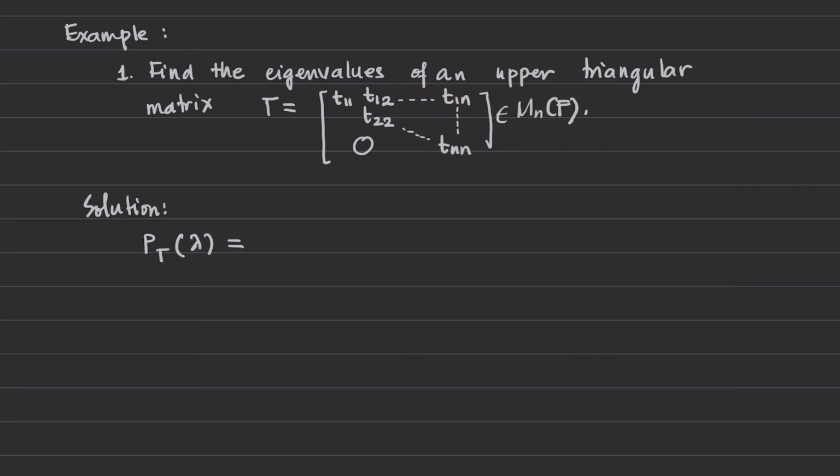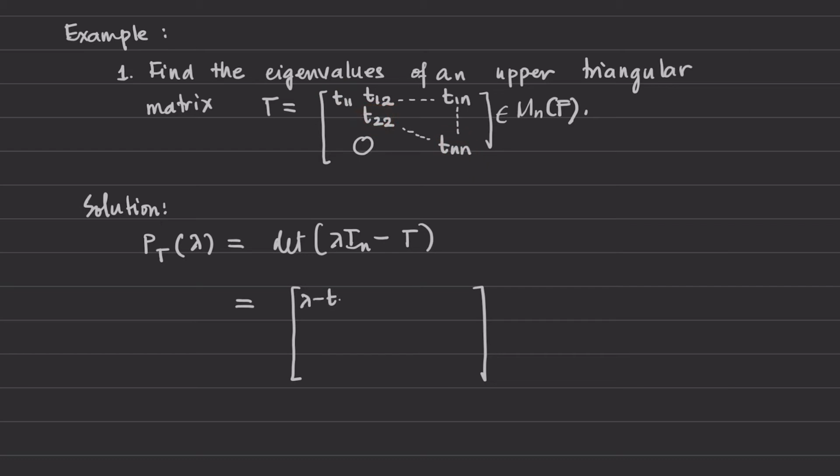Okay, so kailangan natin ng characteristic polynomial ni T. So, paano ba ito? Diba, determinant iyon ng lambda I minus T, which is, paano daw ang gagawin? Diba, lambda minus this, hanggang dito.